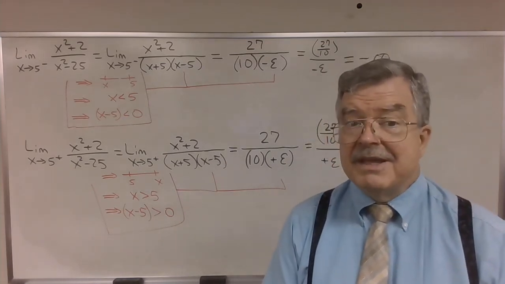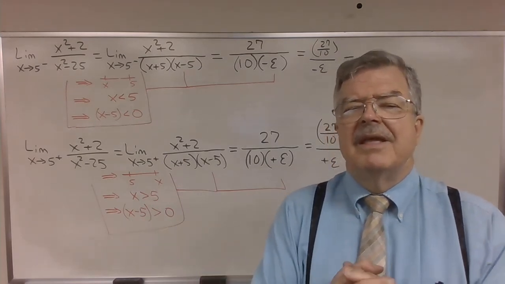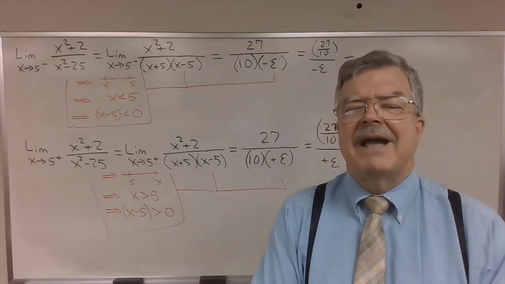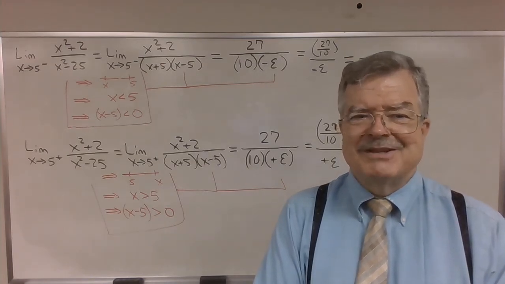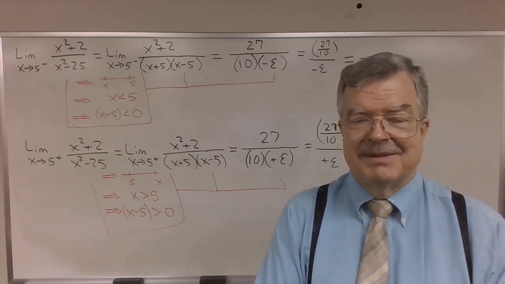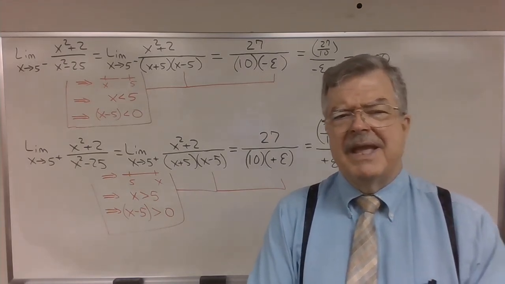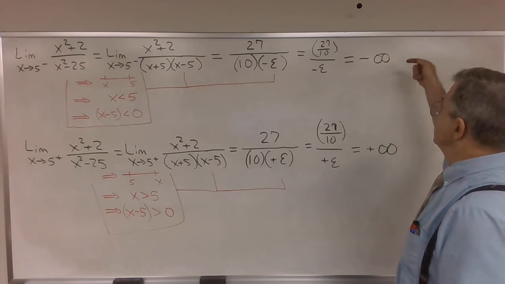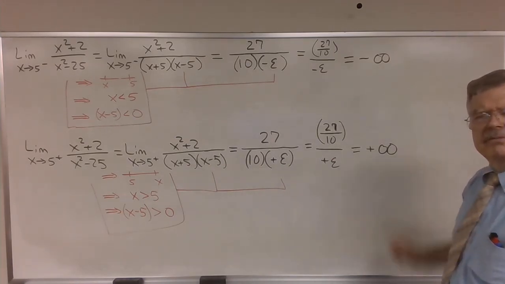Quote, the limit as x approaches from either direction exists exactly when the two one-sided limits are equal. So what did we say happened when the two one-sided limits weren't equal, like in this case?